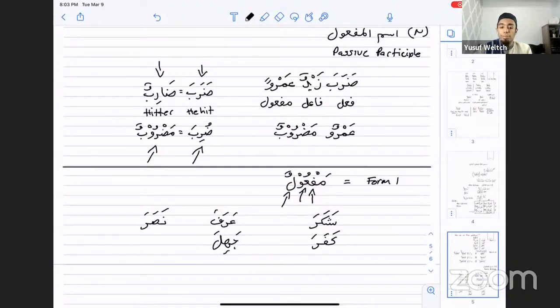You can say he if it's masculine. So mashkur, mashkur. He was grateful. No, that's not that, because it's passive. You got it. It's on the tip of your tongue, I'm sure.